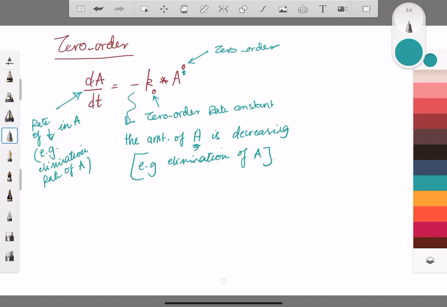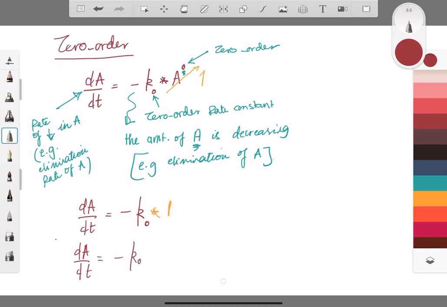And this is one of the main examples in kinetics. Okay, so let's continue. If dA over dt equals minus k naught, and this will be, because this will be 1, okay, so it will be multiplied by 1. So it will be dA over dt, and it's equal to minus k naught.